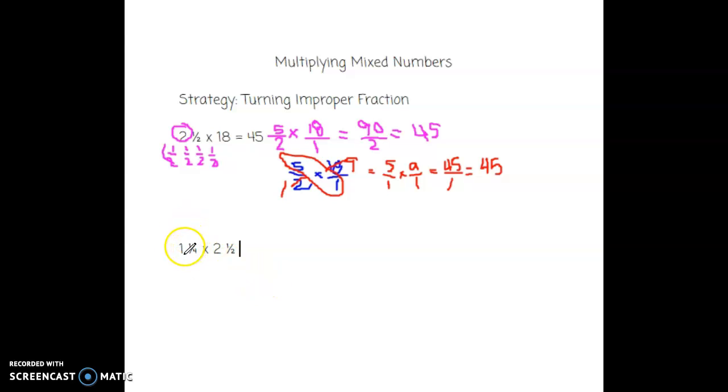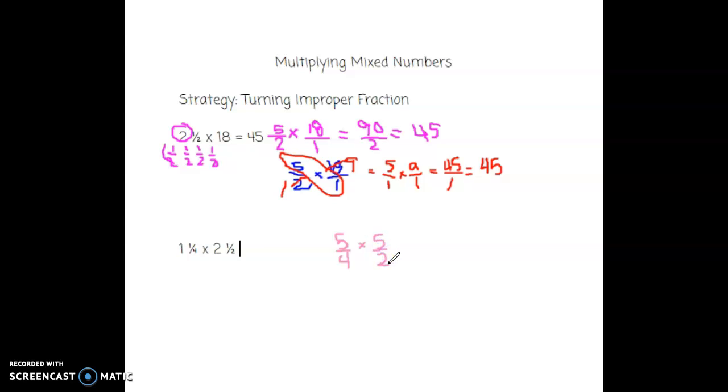So 1 and 1/4, 1 is the same as 1/4 plus 1/4 plus 1/4 plus 1/4 because that's a whole. So 4 times 1 is 4 plus 1 is 5. So 1 and 1/4 is the same as 5/4. 2 and 1/2 is the same as 5/2, the same as up there. So 5 over 2.